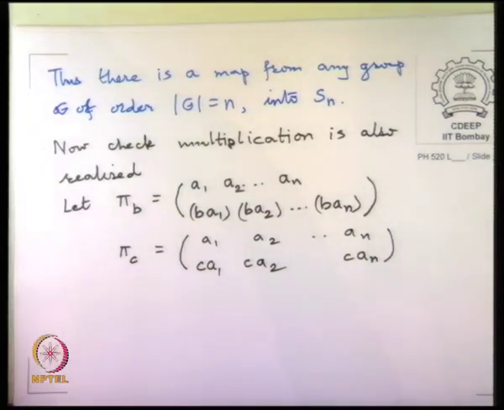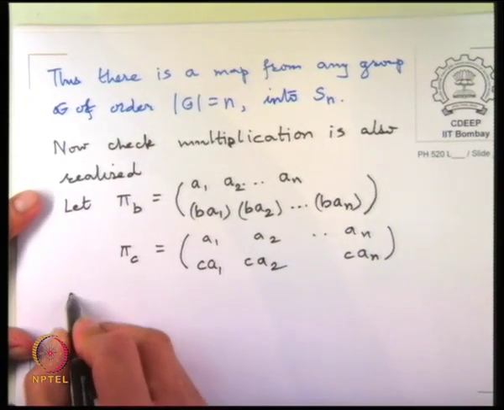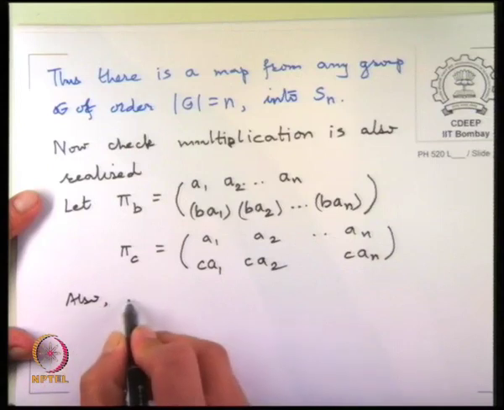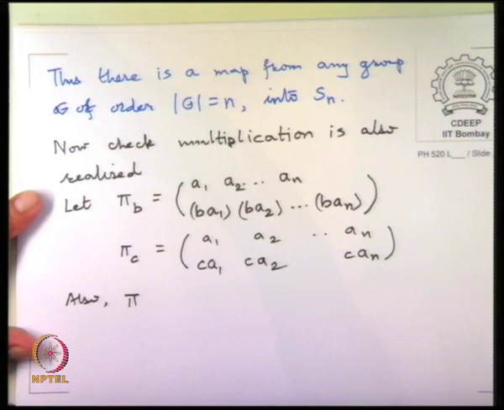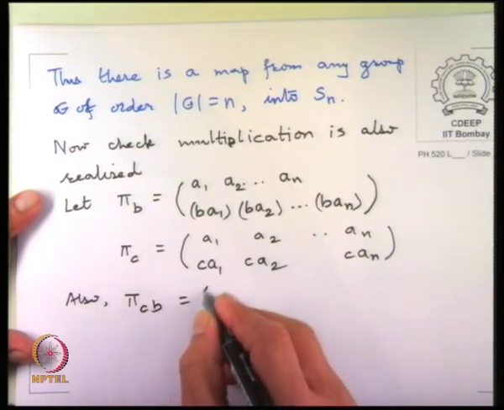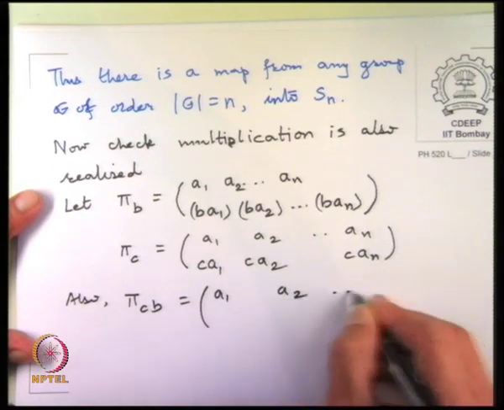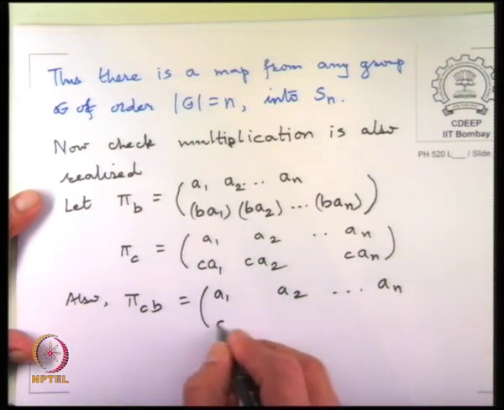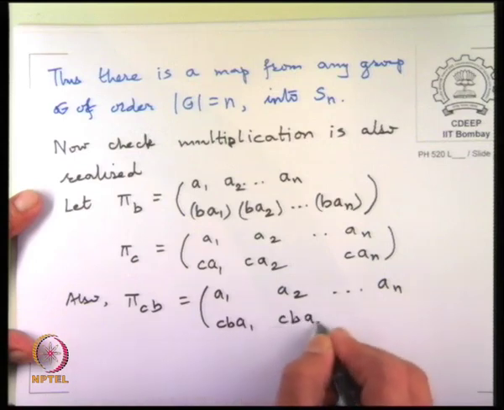Now how are we going to compose the two? Well, so also note pi for C times B is going to be equal to A1, A2, An with C times B acting on A1, C times B acting on A2, etc.